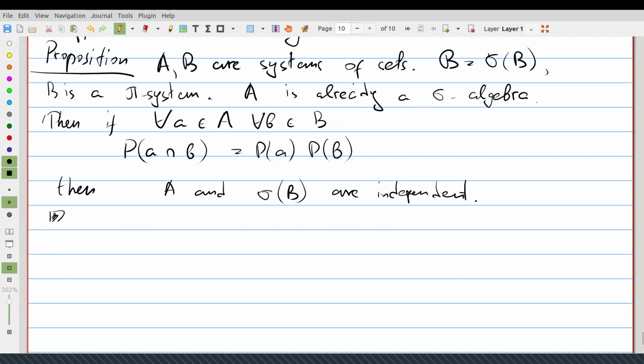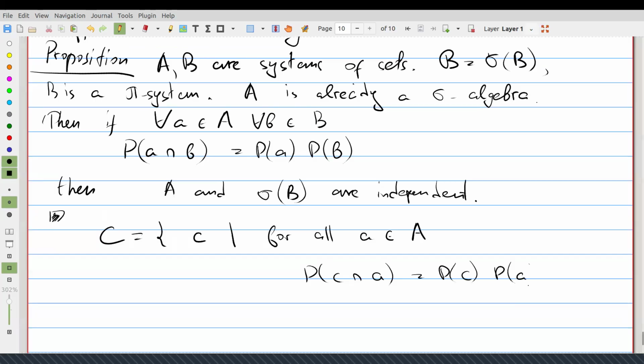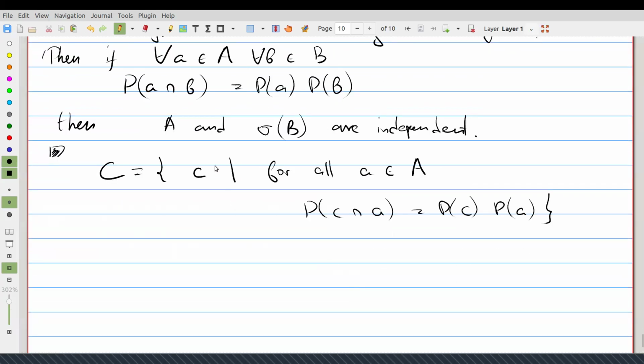Let's actually prove it to show some technique. So let's define C as those sets B such that for all A belonging to A, P(B intersect A) can be decomposed as P(A)P(B). So effectively, this is the set of all sets that are independent of the sigma algebra A. Then obviously C contains B by assumption.